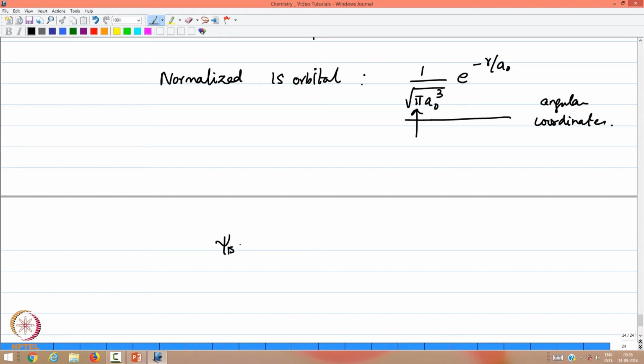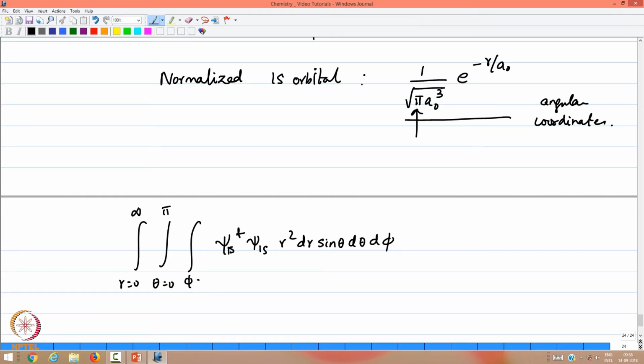Normalization of 1s: the integral of psi star psi r square dr sin theta d theta d phi, between the three integrals, r equal to 0 to infinity, theta equal to 0 to pi, and phi equal to 0 to 2 pi. This is 1, and this is what gives you that constant 1 by square root of pi a naught cube.